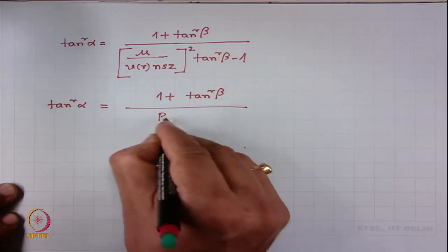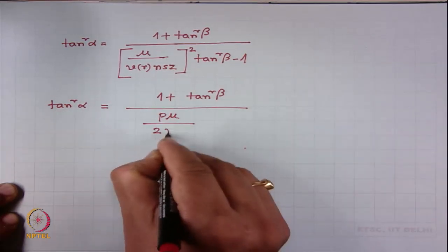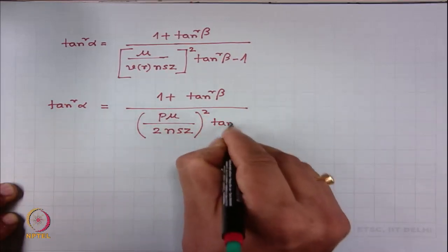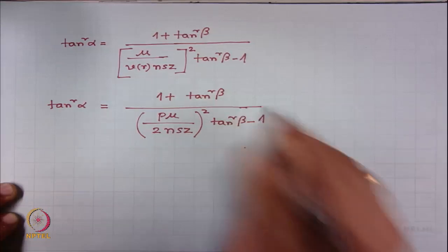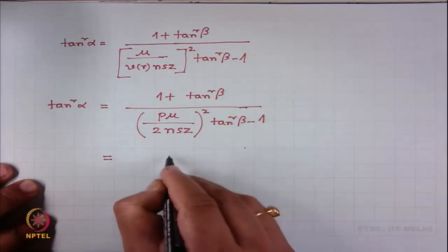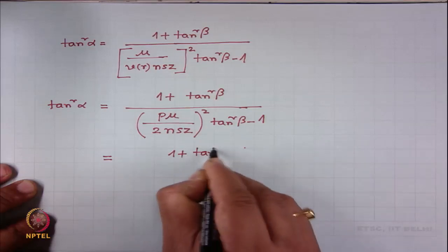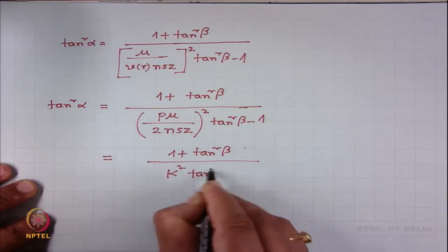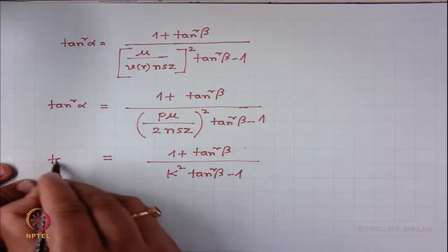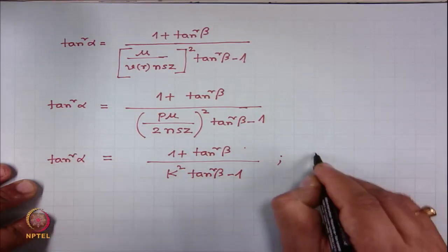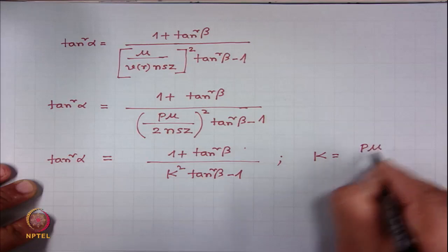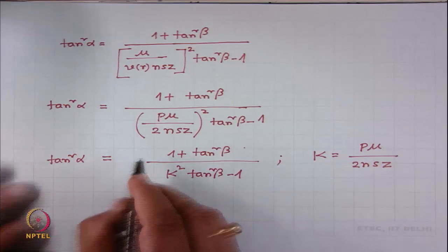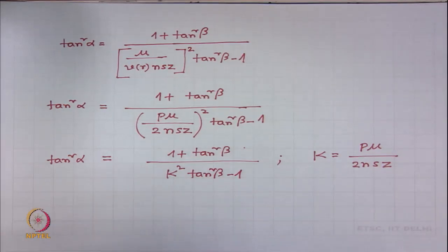So, p mu 2 n s z square tan square beta minus 1. This can be further written as, where k is 2 n s z. This expression is a very important expression.